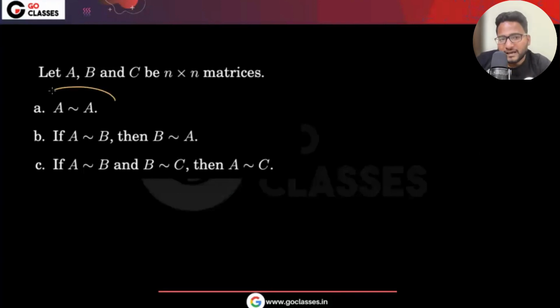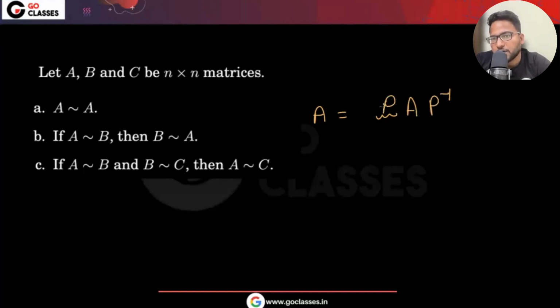Okay. So just tell me, is it true that A is similar to itself? Can you write A equal to some matrix, into A, and the same matrix inverse? For example, P. Can you tell me what is the value of P such that this relation is satisfied?